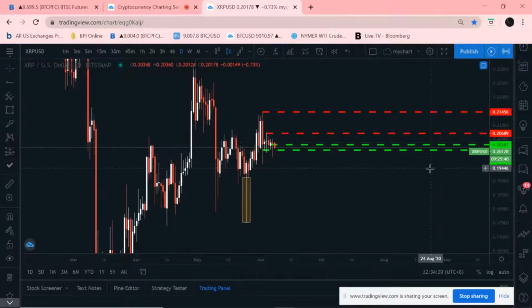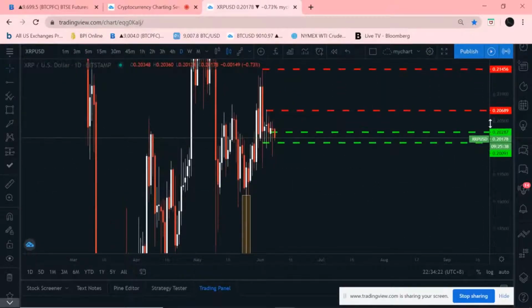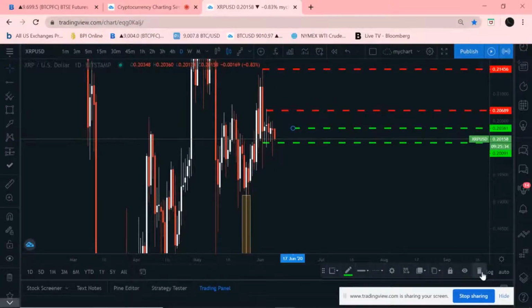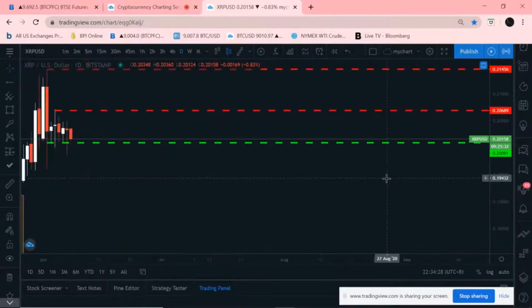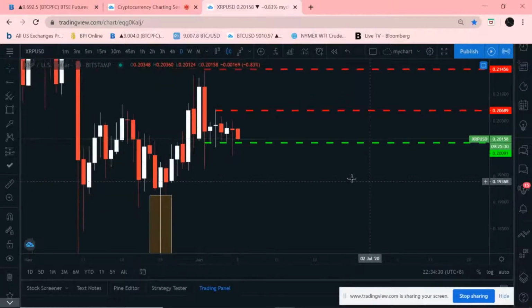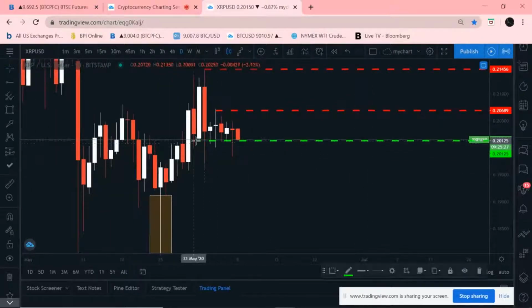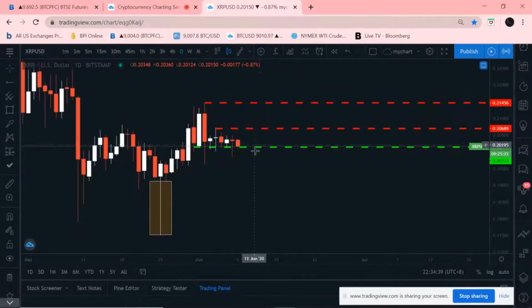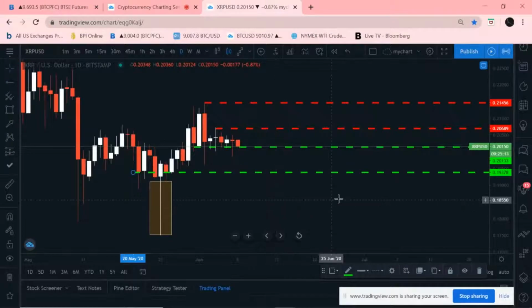I think that's still, oh, but now it's actually broken. So it's now trying to go back to the support area we are looking at, which is at this area, or already at the support area. If it breaks that area, the 0.20, possibly it goes back to this area around 0.19.